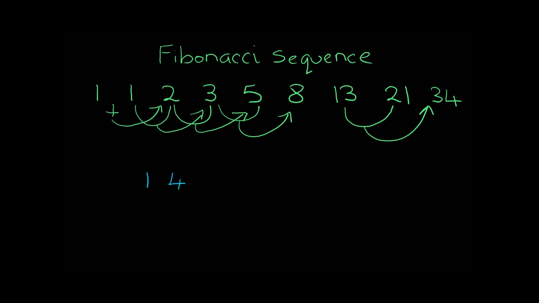We add the 1 and the 4 together, that gives us 5. Then we add the 4 and the 5 together, that gives us 9. 5 and 9 together gives us 14, and so on. So that would be a Fibonacci-like sequence as opposed to the actual Fibonacci sequence itself.